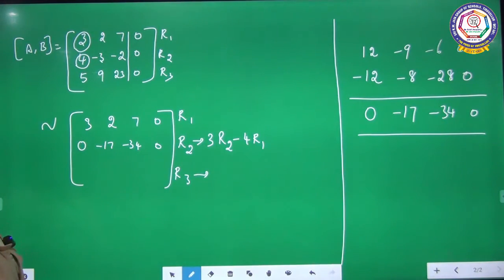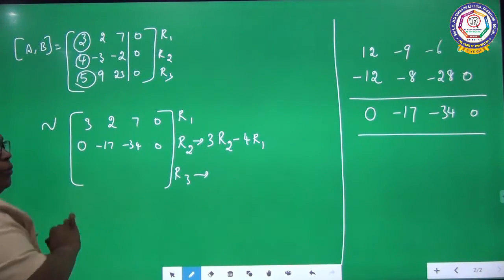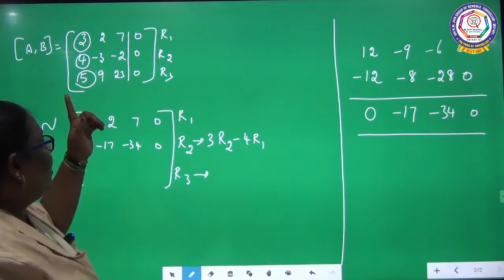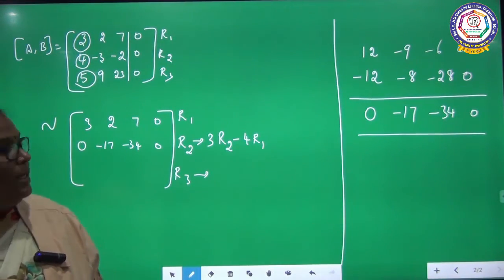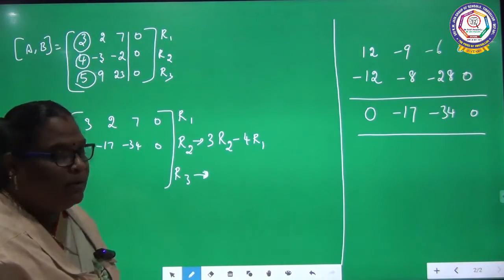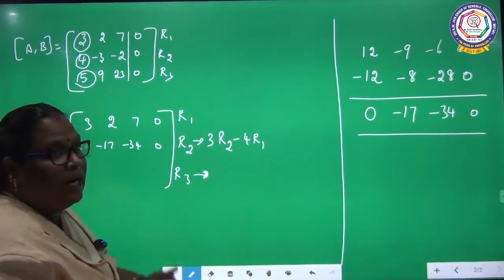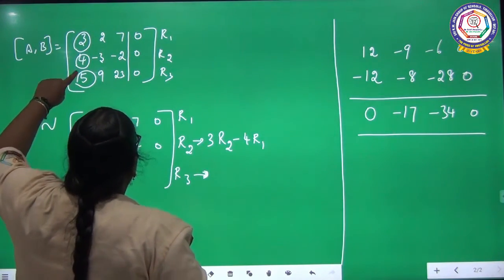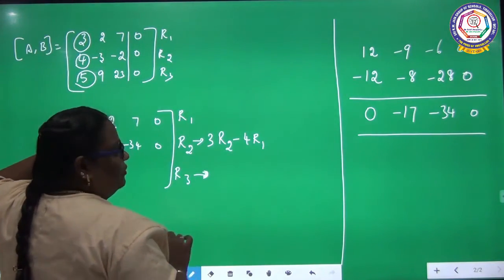What is the value of R3? You check the same thing. What is the R3 element? 5. What is the R1 element? 3. So, multiply R3 by 3 and R1 by 5.